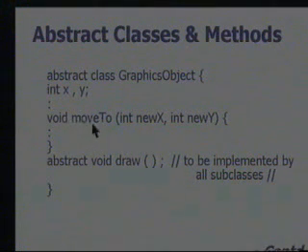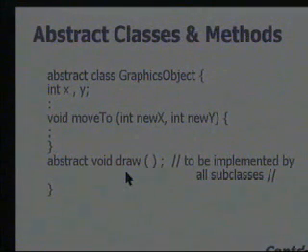In this program you see that moveTo has certain implementations. Another method to be noticed is abstract void draw. This method is called an abstract method, which is to be implemented by all subclasses.